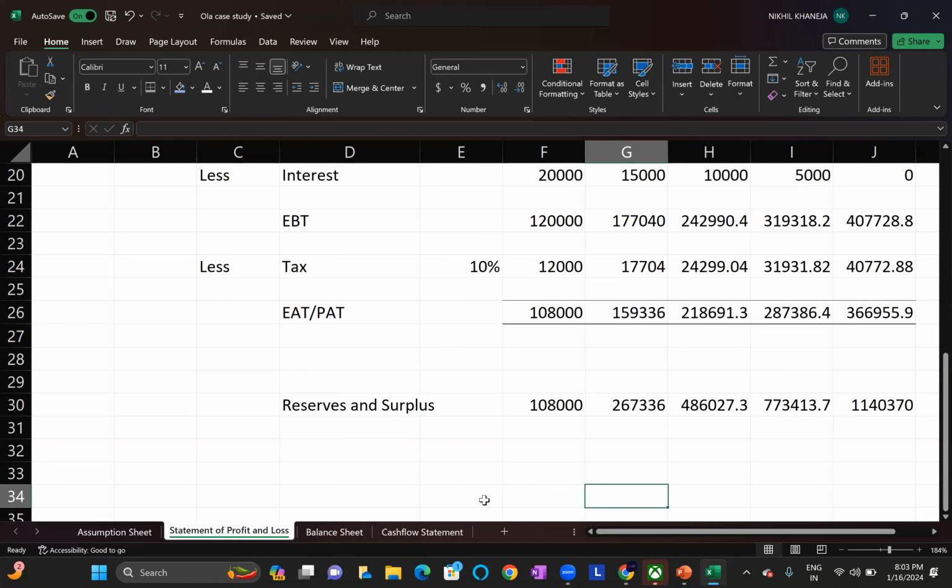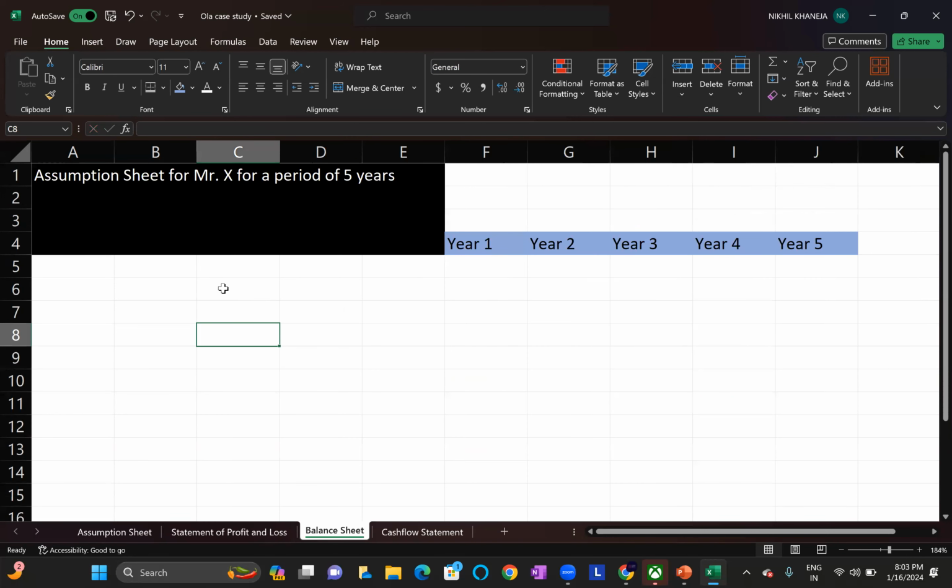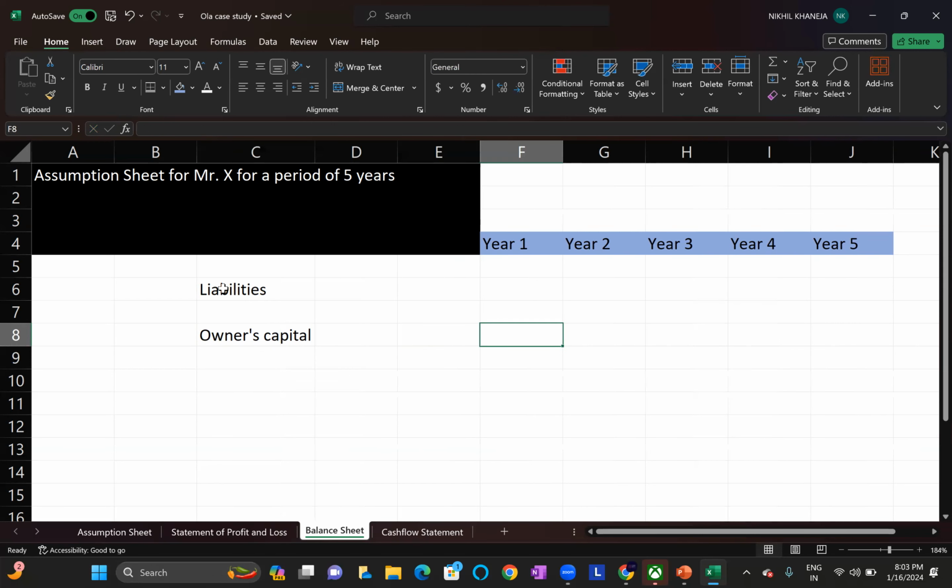Now we will be moving towards balance sheet. Okay. Balance sheets, as we know, it starts with liabilities. So first of all, owner's capital. It is nothing but 3 lakhs. We can copy it and drag it.